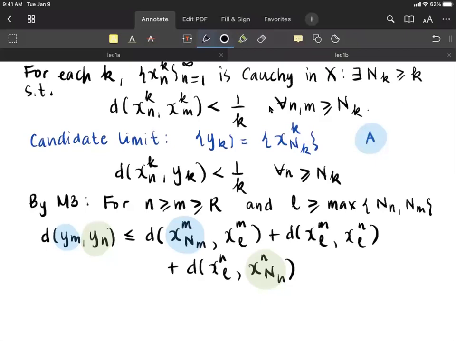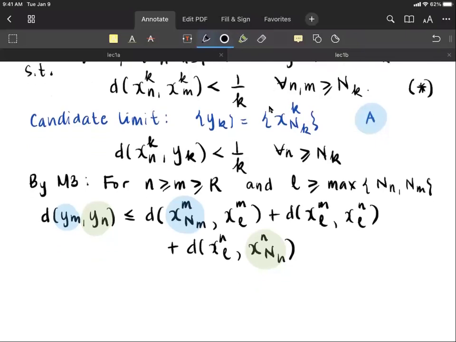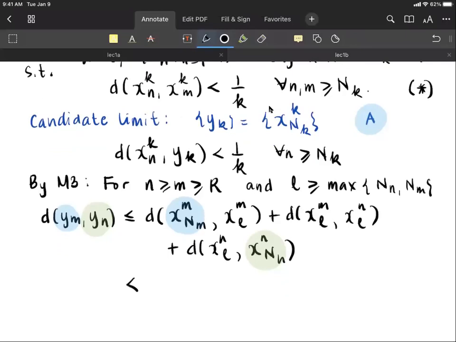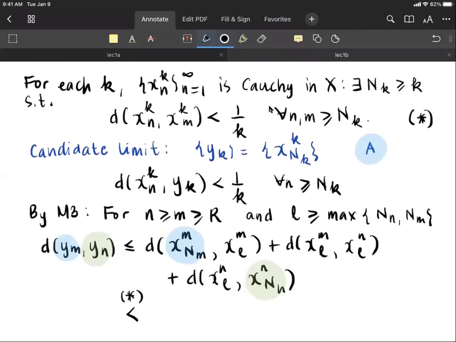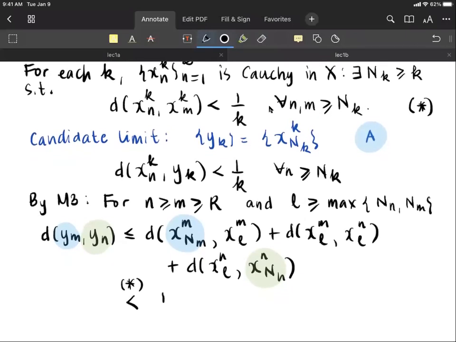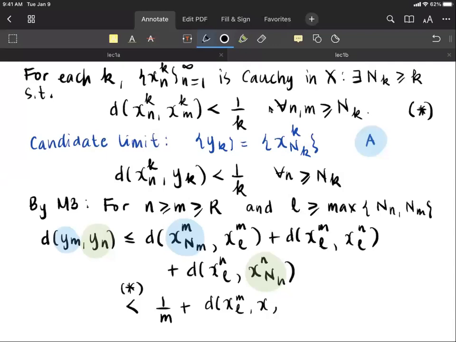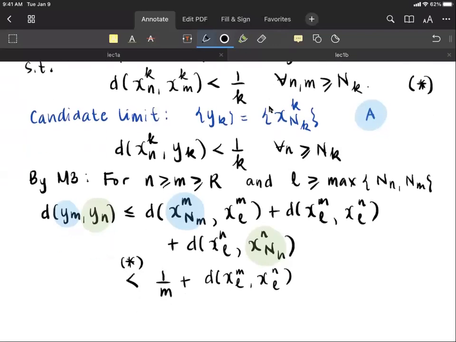So let us name this as star. So this is strictly less than: the first term would be 1 over m, that's the superscript. The second term will be the same. And the third term is less than 1 over n.